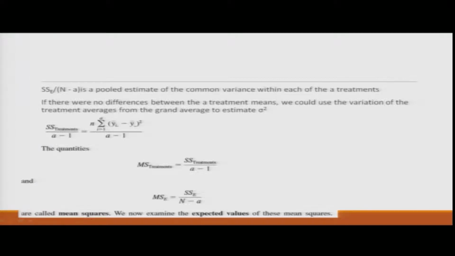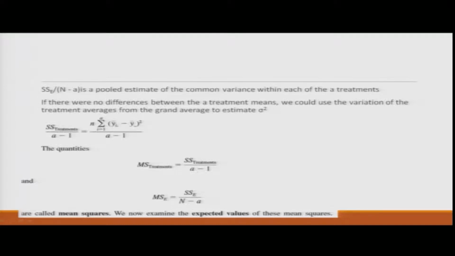The quantities which you find out would basically be the mean squares. The mean square for the errors would be given by SSE divided by capital N minus A, and the mean square for the treatments would be given by SS treatments divided by A minus 1, which is the degrees of freedom which we have. So, they are called the mean square.